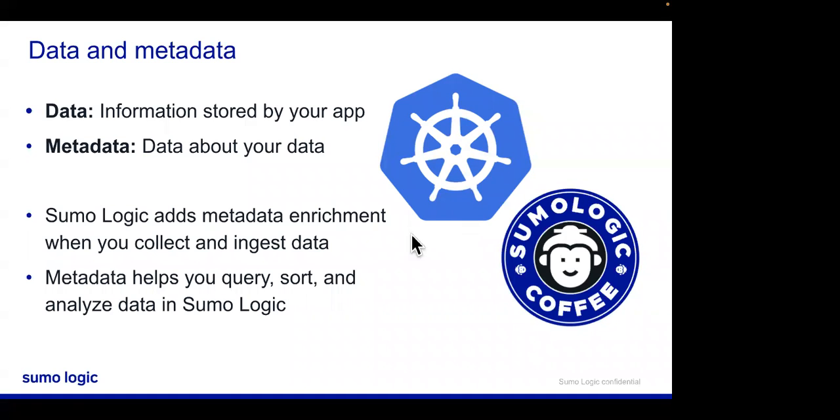So Sumo Logic adds metadata enrichment to your Kubernetes environment. When you stand up a Kubernetes environment, we will add a bunch of metadata tags that you can use. Things like your namespace, your structure, your business units. Maybe you're in dev and prod and QA, whatever your systems are called.